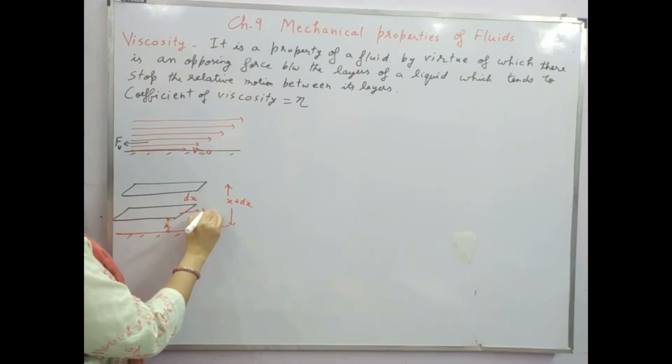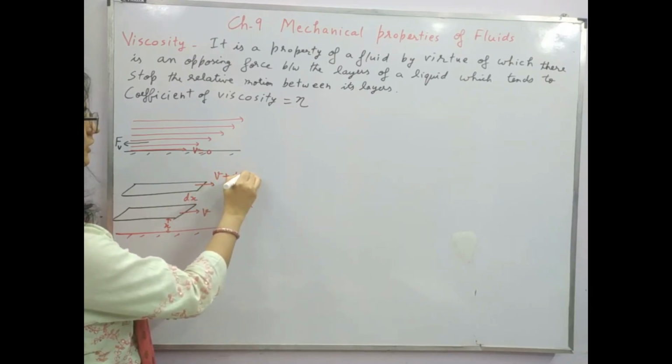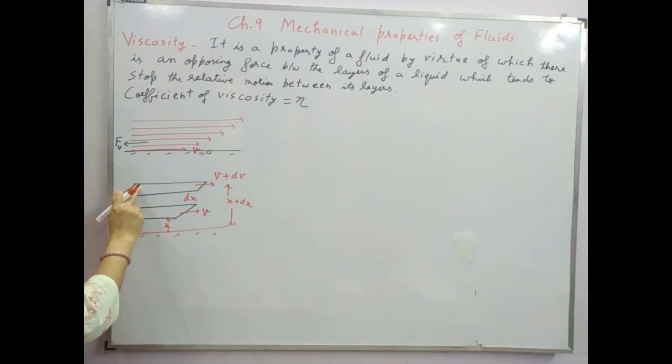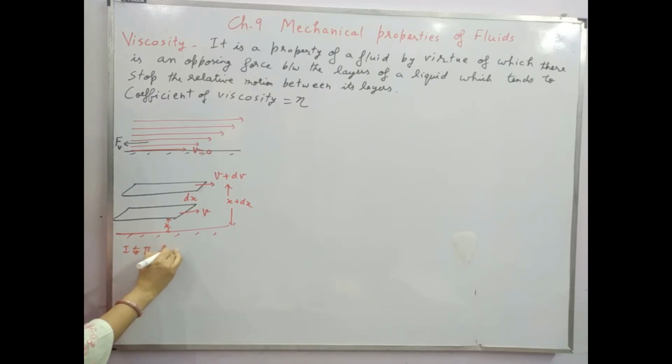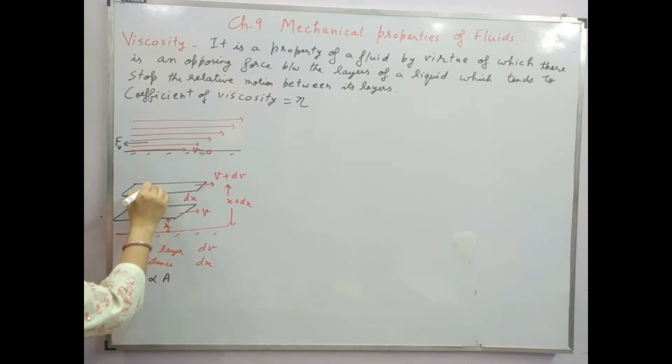Suppose this is moving with velocity v and the next layer is moving with velocity v plus dv. That means when we move from the first to the second layer, the change in velocity is dv and the distance is dx, right?